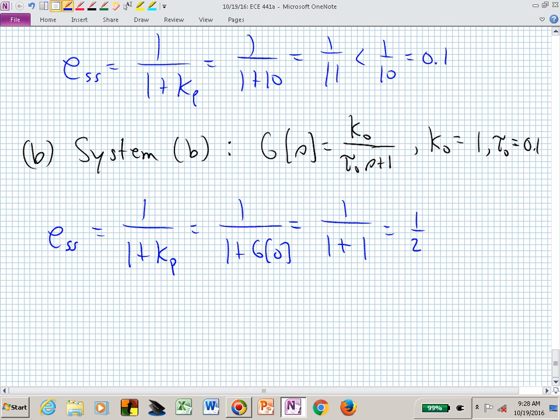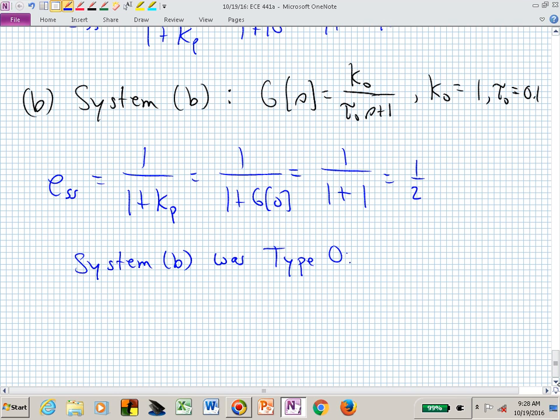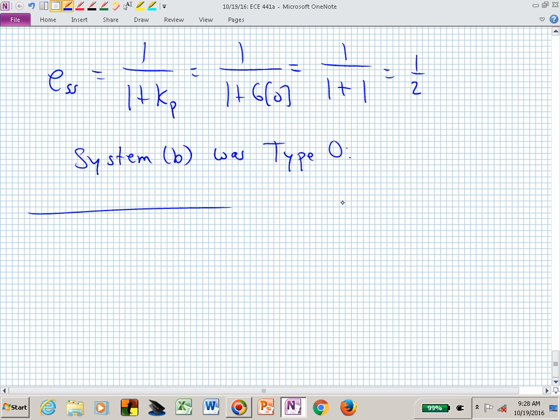We didn't get nearly as close to our final value, our reference input, in system B, and we had a larger error. So this was a system type 0, and it also had a finite error due to a constant input.